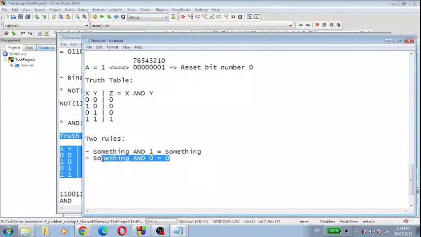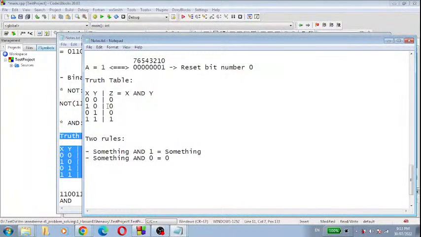And also here we have another rule that says if you have something which is ended with 0, like we have 1 here which is ended with 0, you are going to get 0. And if you have 0 which is ended with 0, you are going to have 0 also. So that's it.